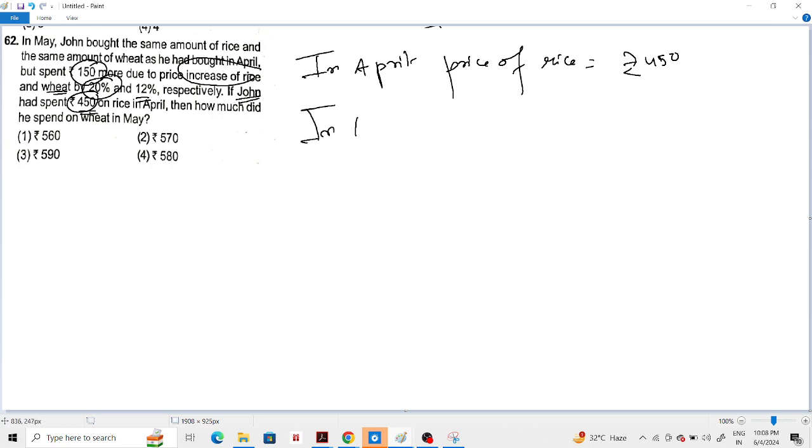So in May, price of rice is what? 450 plus 20% of 450. So that is going to give 540 rupees, for rice.